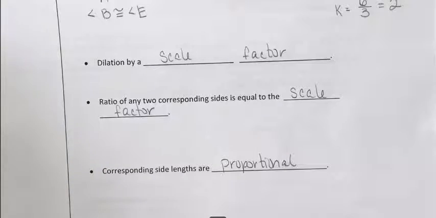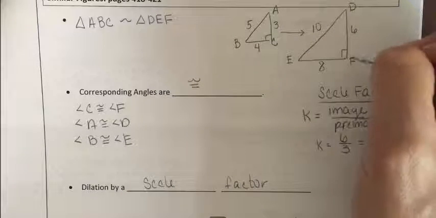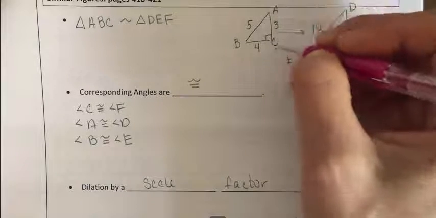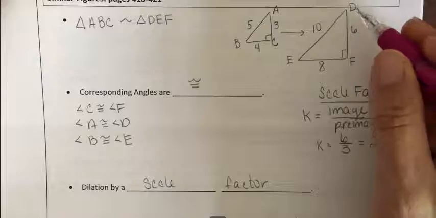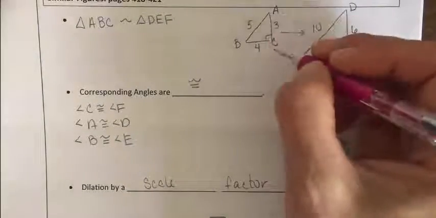So for example here, I'm going to take DF, set it over AC, okay, because I'm going to take my image over my pre-image, and that's going to give me my scale factor.